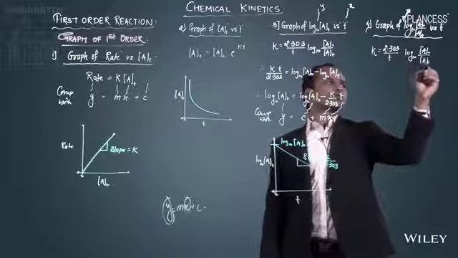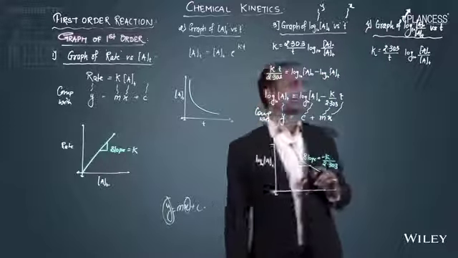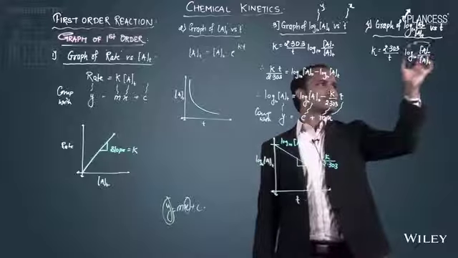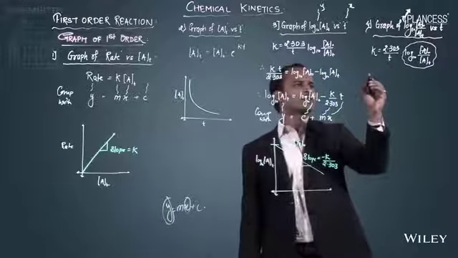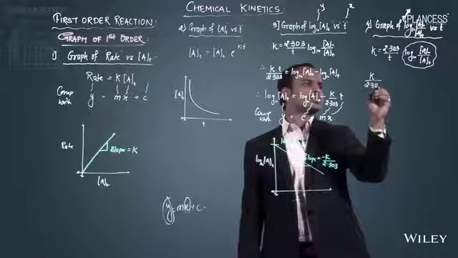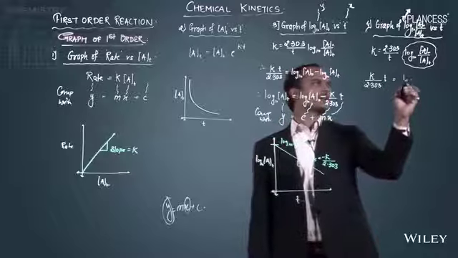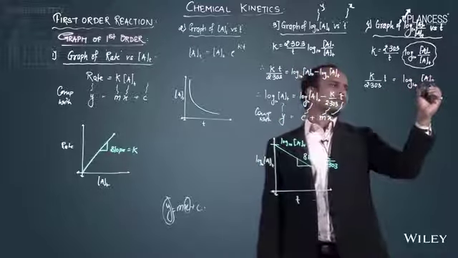Again, try to convert this whole formula in the format of y is equal to mx plus c. Now this is going to be on the y-axis and this is on the x-axis. So shift t on the left hand side. So we'll have k upon 2.303 into t is equal to log to the base 10 a naught upon at.